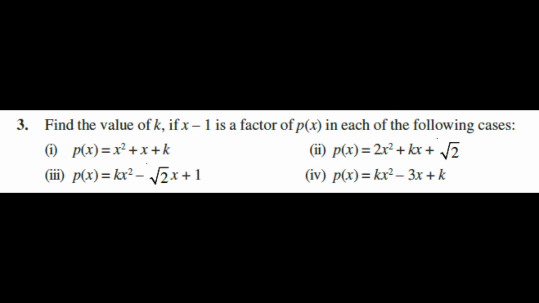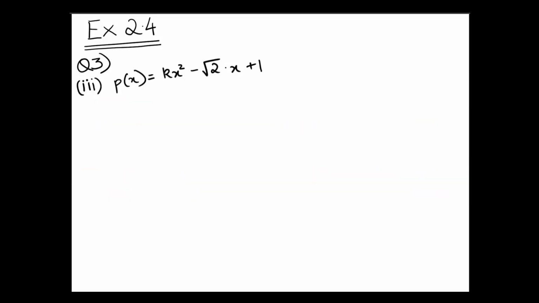In the third part, we have p of x is equal to k into x square minus root 2x plus 1. Again, in order to find the value of k, we know that p of 1 should be equal to 0 since x minus 1 is a factor, and this gives us k into 1 square minus root 2 into 1 plus 1 is equal to 0.